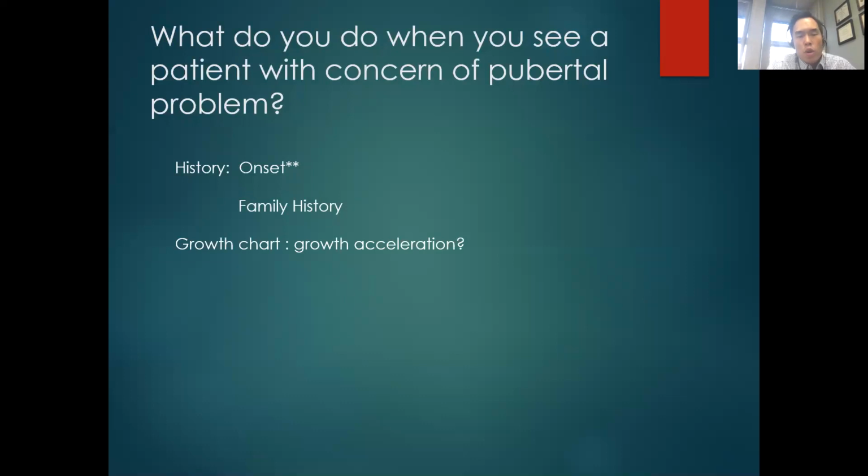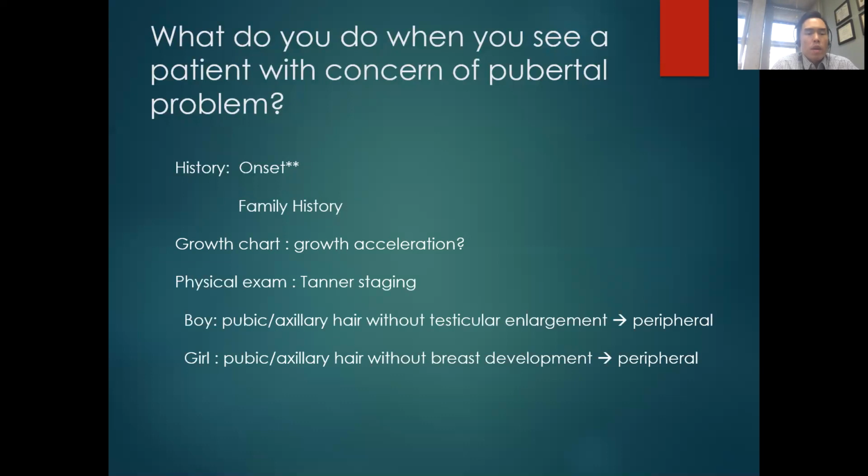And then you review the growth chart to see if there is any recent growth acceleration or a slowdown in growth, because in patients with precocious puberty, they often have a growth acceleration as well. Then the next step will be to do a complete Tanner staging, right?